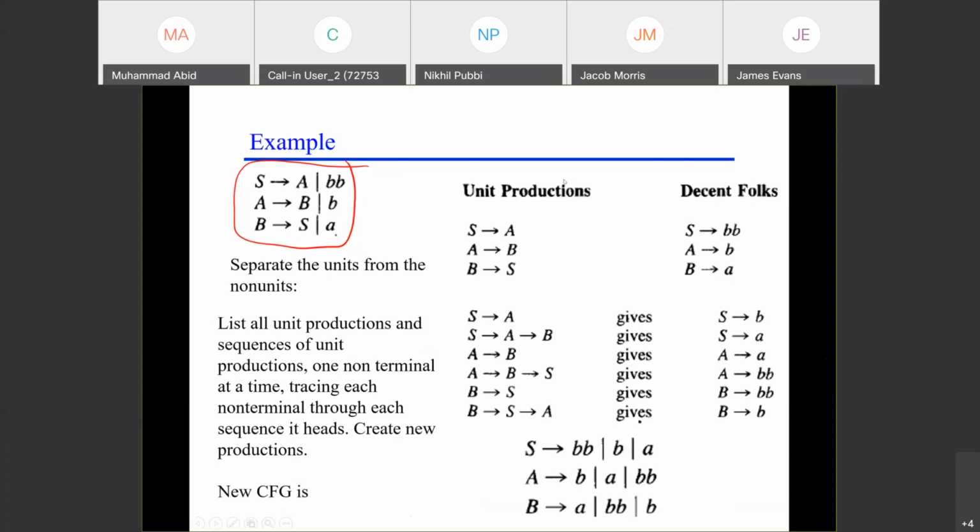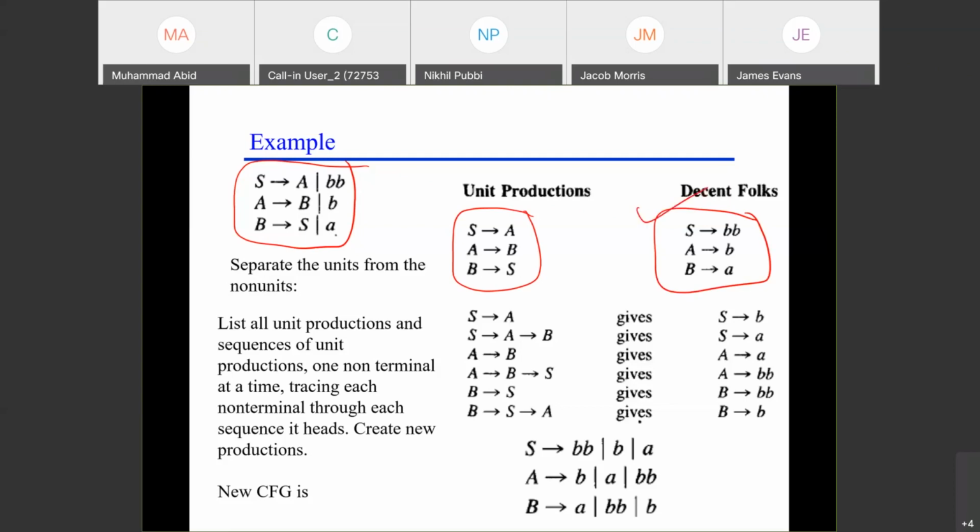Okay. So now again, what we will do, we will separate from this grammar all those production rules which are unit productions. Okay. So we are saying from this grammar, as just James mentioned, that it has 3 production rules. So we separate those production rules. We say, okay, these are the production rules and these production rules are good. They have no problem. They are decent folks. Okay.